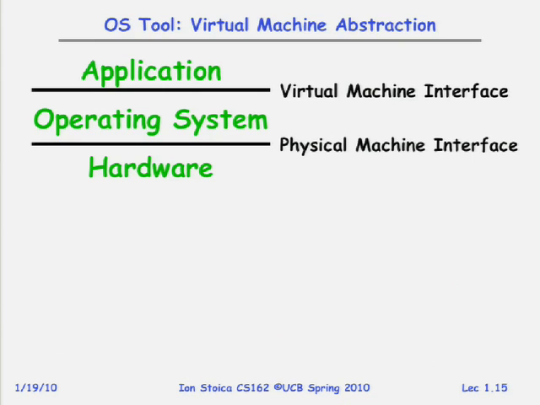So here is one way to look at operating systems. Let's do a mental exercise. If you didn't have an operating system, what would you need to do? You have the hardware. Like we discussed, almost every computer has different hardware. So you write an application. What do you have to do?